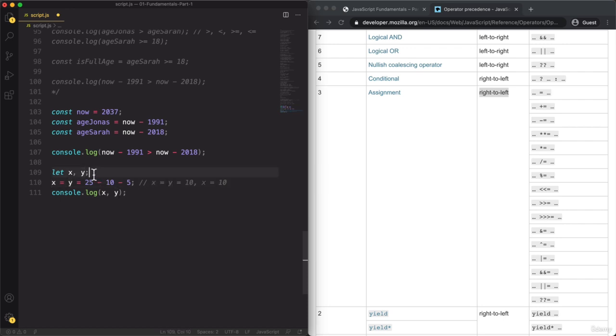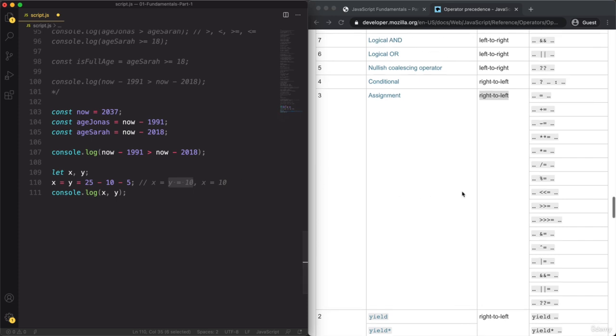Because we declared it here as an empty variable. And so again, if assignment would be from left to right, then first x would be equal to y, which would be undefined, and then y would be equal to 10. And so that's not the result that we expect here. And so once more, the way this works is actually very logical and makes a lot of sense. So I hope that made sense.